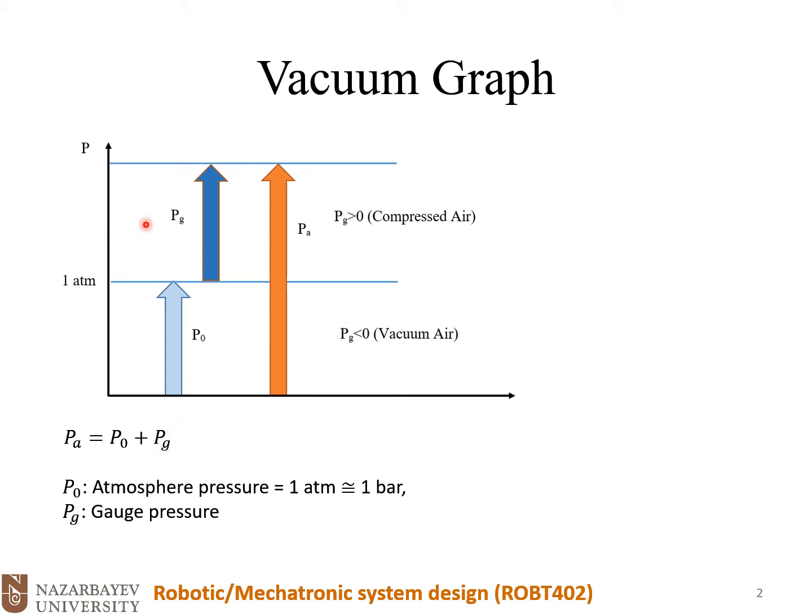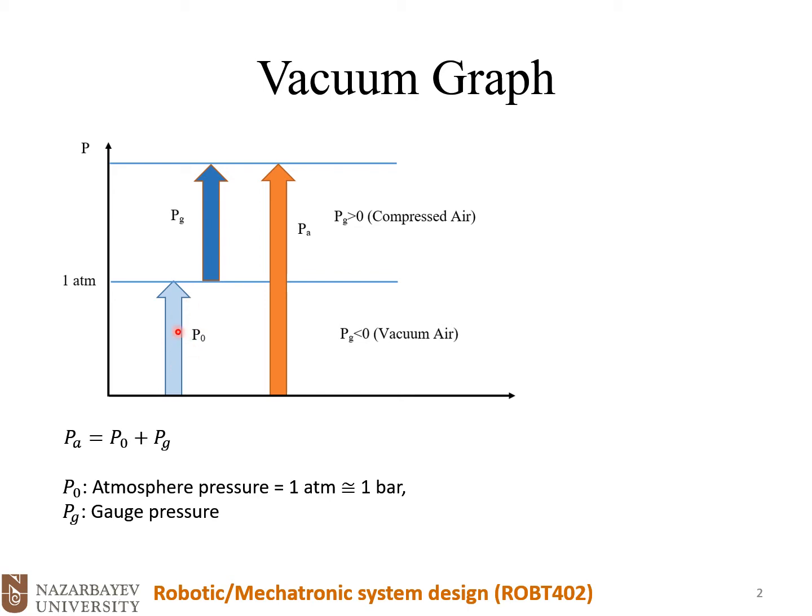When the PG is positive, we have a pressure more than the pressure of atmosphere. Then we could call that pressure compressed air. So compressed air is when we have PG positive, or PA more than P0.